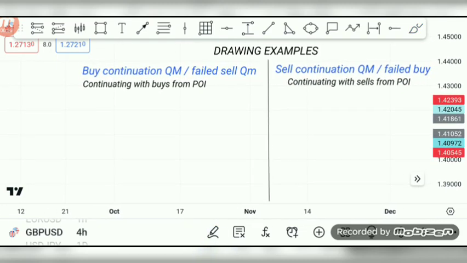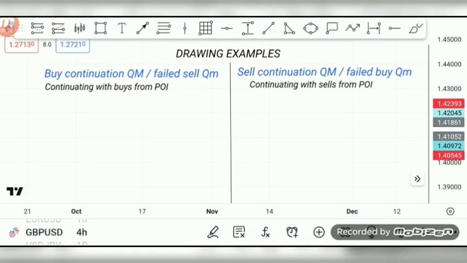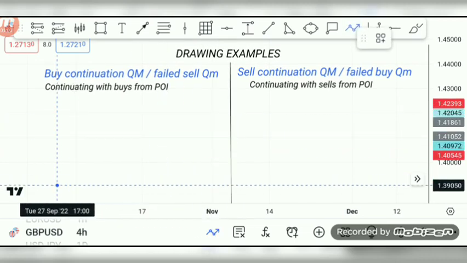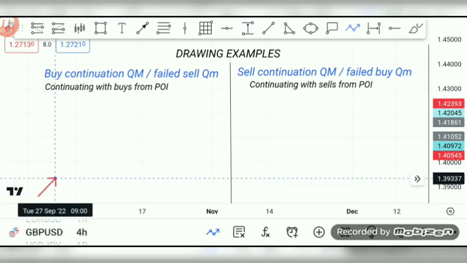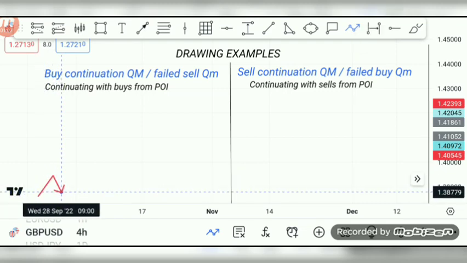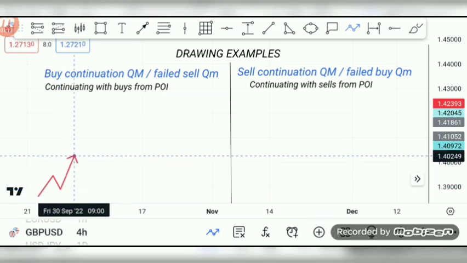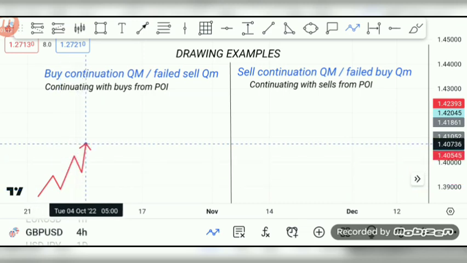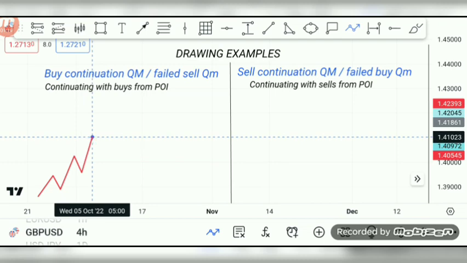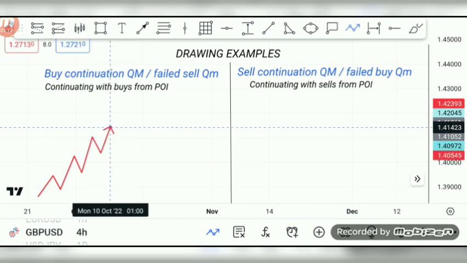So now what are we looking at in our failed sell QM? So we want to see the market come up. Higher high, higher low, higher high, higher low, higher high, higher low.